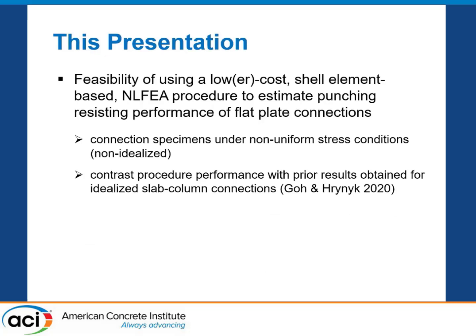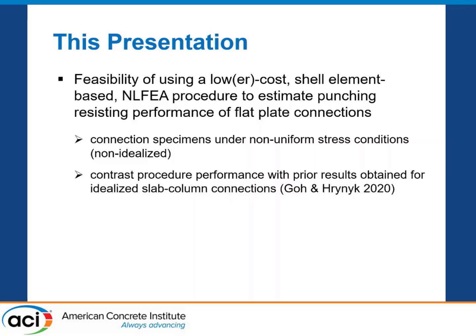So in this presentation, we're going to look at the feasibility of using what I'm calling a lower cost shell element based finite element analysis procedure to estimate the punching performance of RC flat plate connections. And for brevity, performance in this case is largely strength, but obviously you could use it to look at a lot of different things.